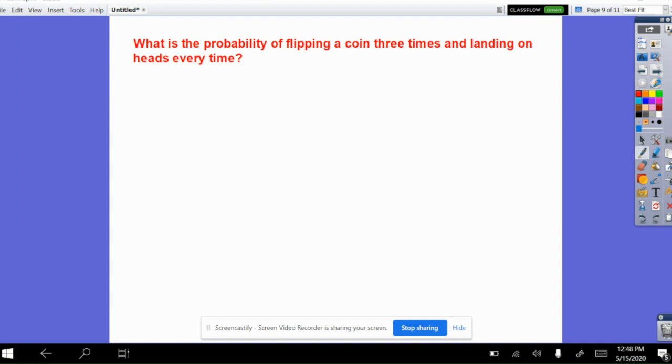So let's say I'm going to flip the coin and it's either going to land on heads or tails, right? Let's say it landed on heads. The second time I flip it, it's either going to land on heads or tails.